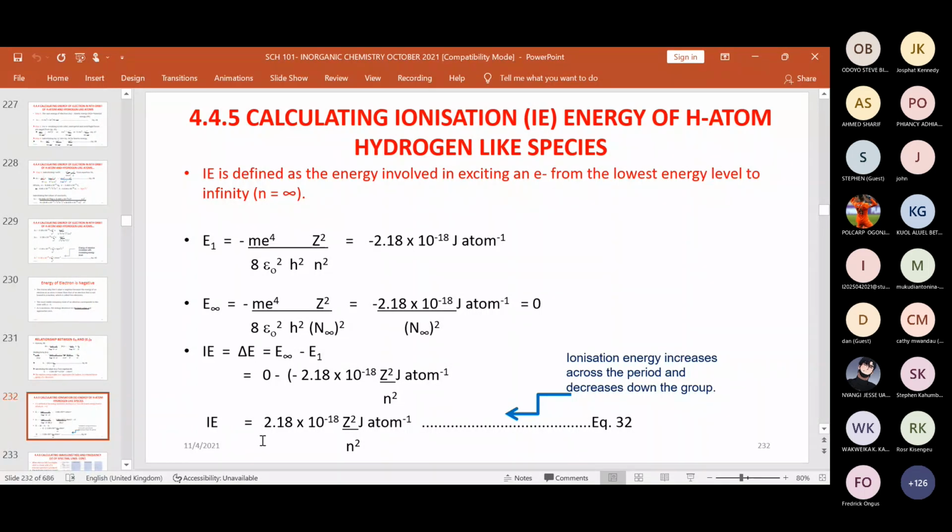The implication is you have to provide this energy to the electron in order to remove it from the atom. This is called ionization energy, because to ionize is to completely remove an electron from the atom, and to do that you have to provide energy, or the energy is required. So there's an implication of the positive value for this energy.